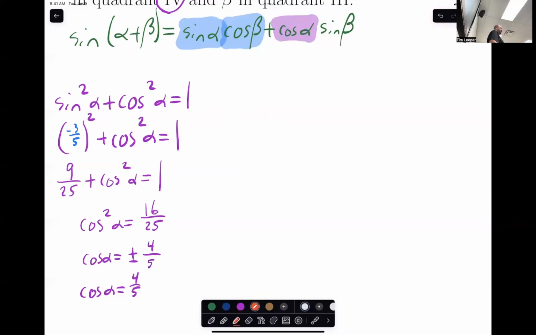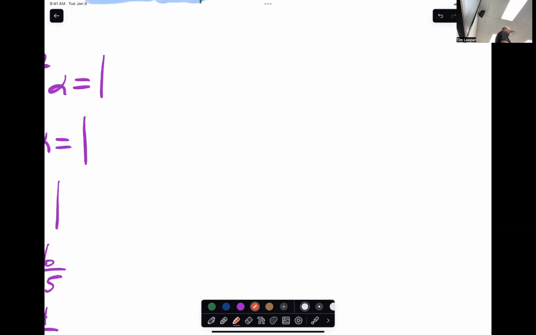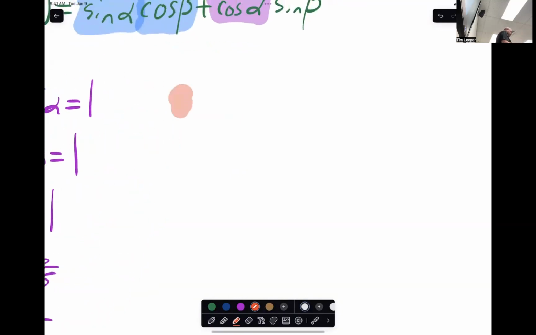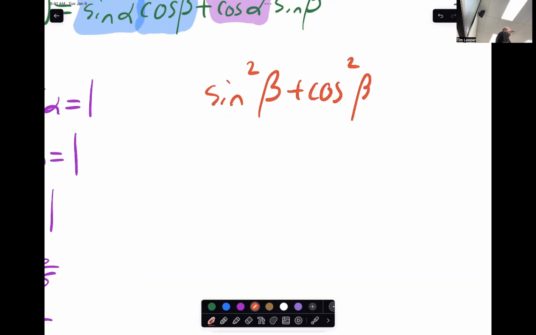That, of course, means we need to find sine beta as a result as well. So again, we're going to do the exact same thing, but this time you do everything in terms of beta. So it means that sine squared beta plus cosine squared beta is equal to 1.